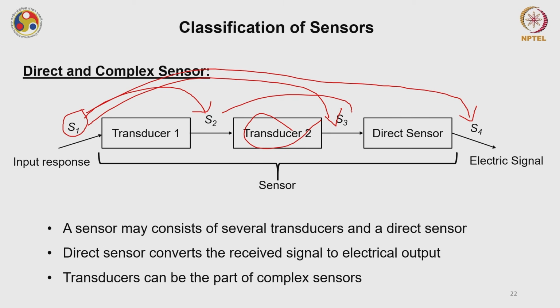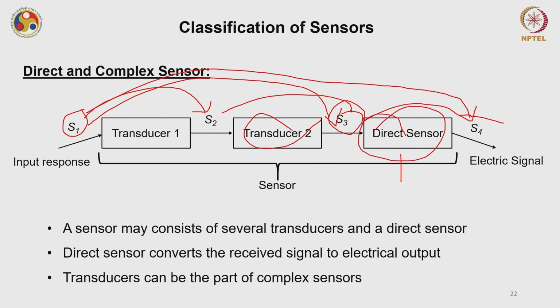Now there is a sensor available which can convert this non-electrical value S3 to a signal S4. S4 is essentially an electrical signal. So I am calling this sensor a direct sensor, which is converting non-electrical S3 to electrical signal S4.